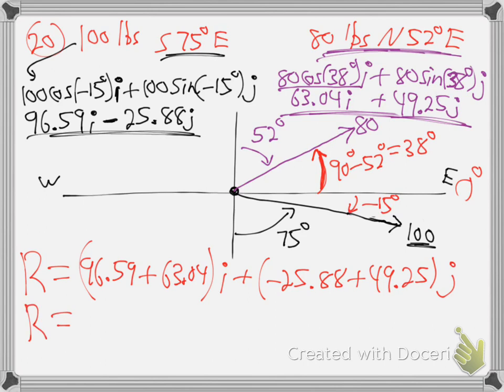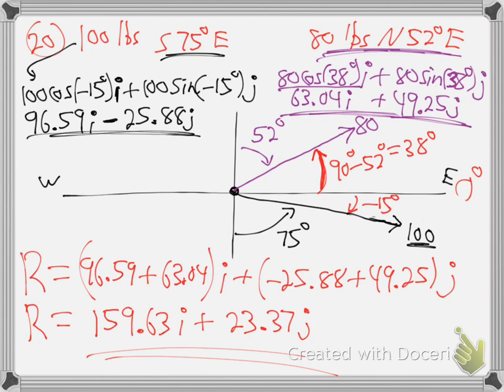So use your calculator there. I'm getting 159.63i plus 23.37j. So there's the resultant force.